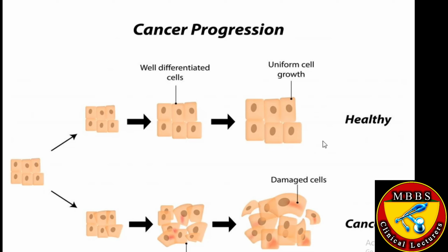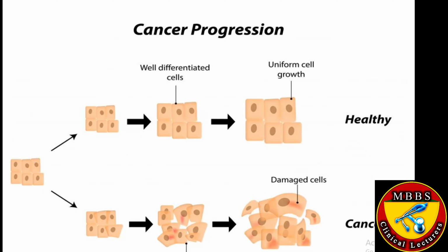And when there is further multiplication and division of these cells, we call it uniform cell growth. It occurs in all healthy individuals. It occurs in all of us, in our skin, in our GIT, in our lungs, in our mouth mucosa, anywhere. So this is normal cell division.